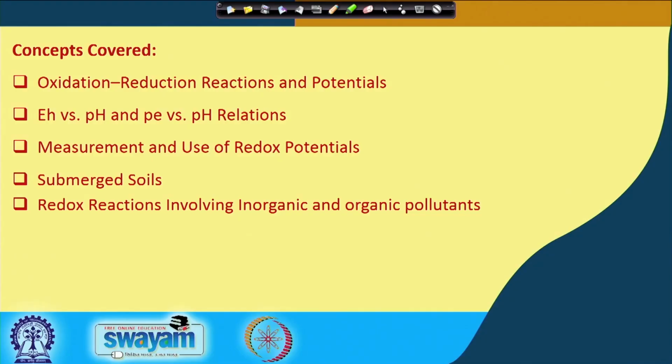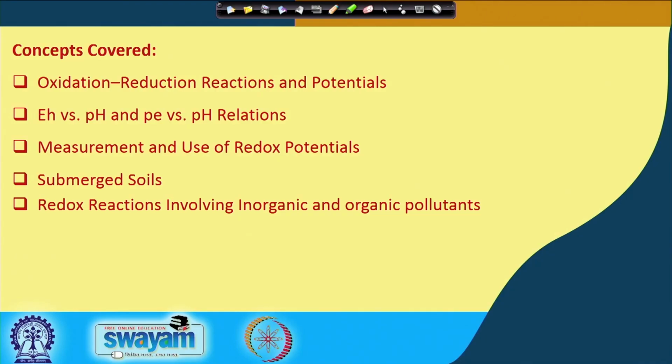Now we will be discussing different aspects of redox chemistry, which is basically pertinent to the different soil processes. So, these concepts will be broadly covered.